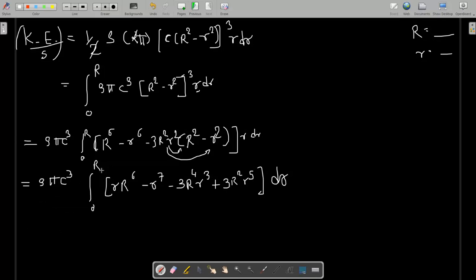I'm writing on the next page, sorry, here. Okay, I'm writing here only rho pi c cube.